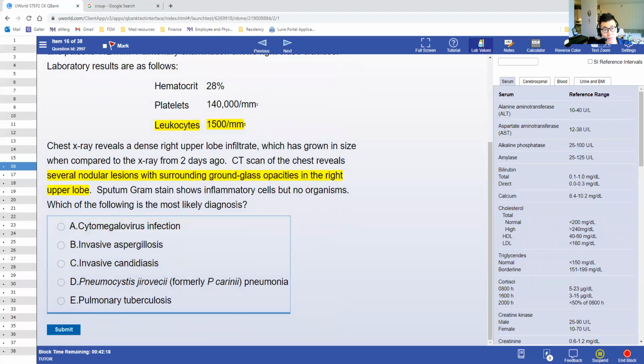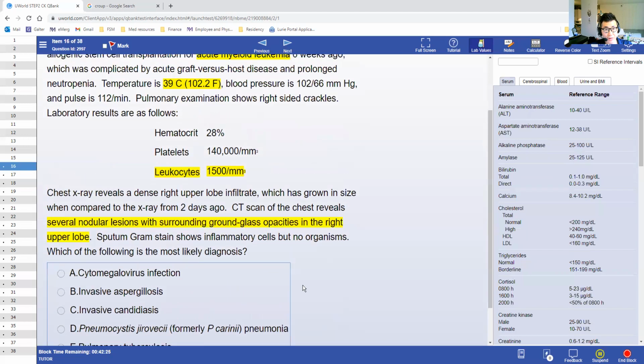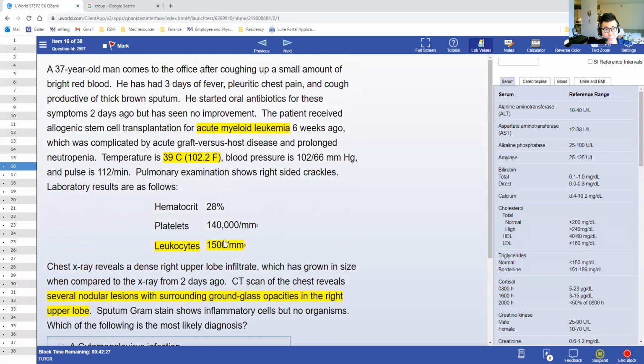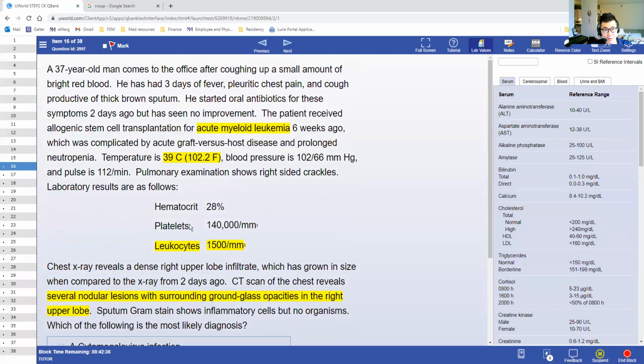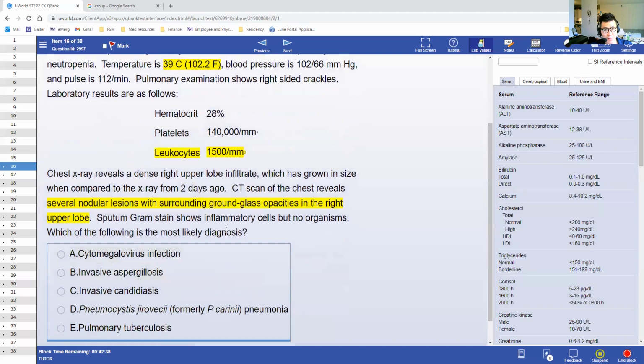All right, so we have a lot of different possibilities for what's causing this infection. So let's go through all of them. CMV usually, like in transplant patients, causes lobar pneumonia. It doesn't seem super likely to be here.